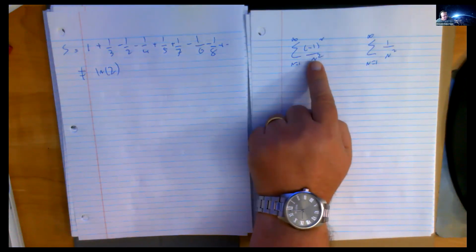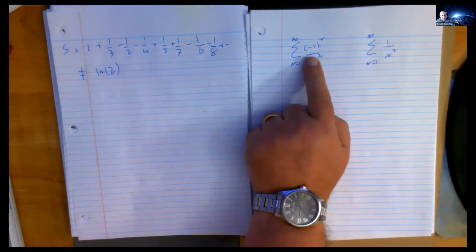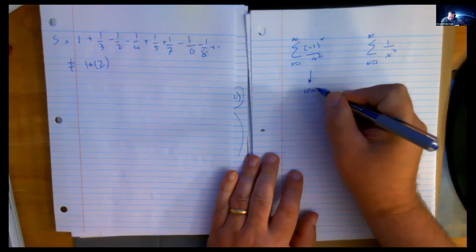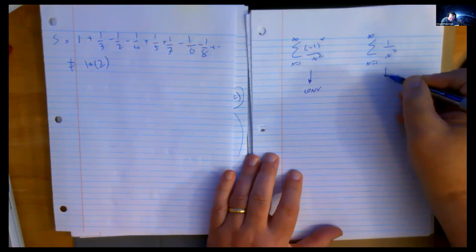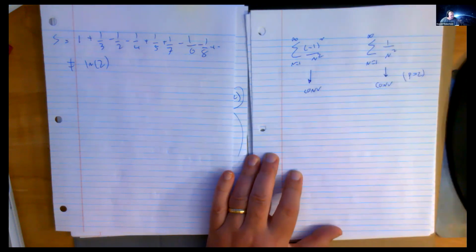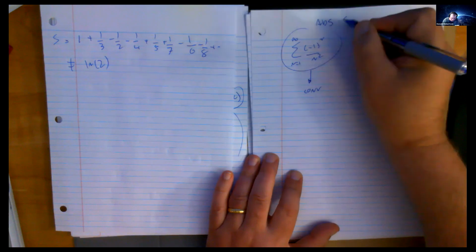I'm talking through this, but you've got to imagine we did it properly. Would it be pretty obvious to tell that that alternating series converges if you did all the stuff? Would it be even more obvious, because that is a p-series, that this converges? So that makes this guy absolutely convergent.